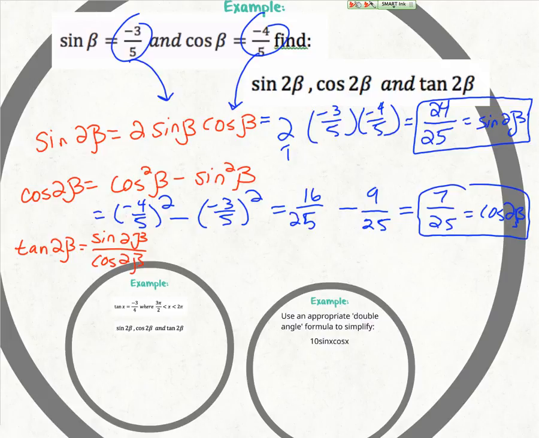We'll have to use both of our answers to do this because 2 beta is just a number, just twice the original number. So I end up with 24/25 divided by 7/25.